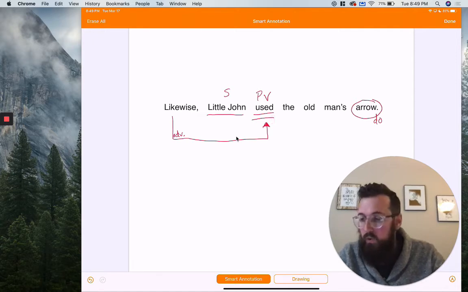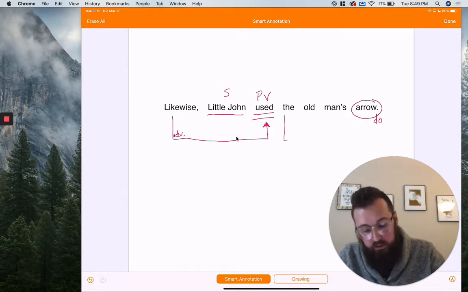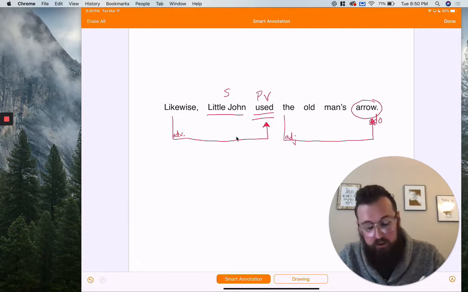The old man's arrow. The is describing which arrow. So it's going to be an adjective because arrow is a noun. Whose arrow is it? It's the man's arrow.